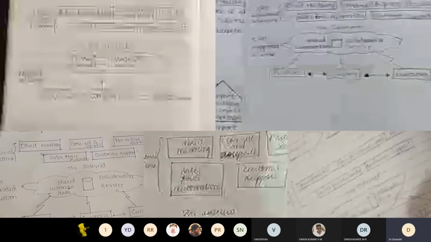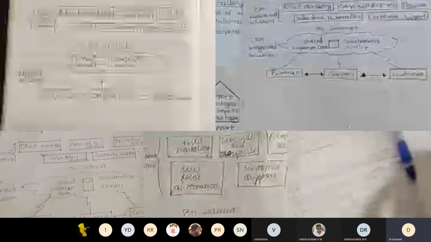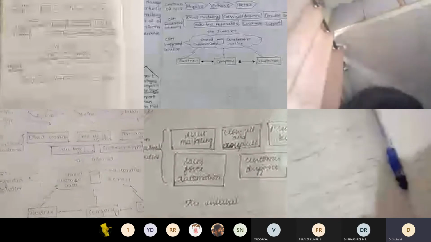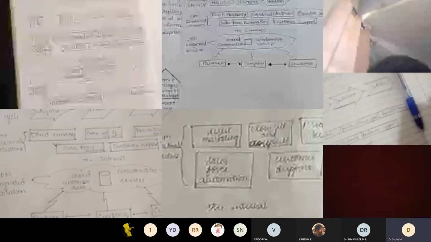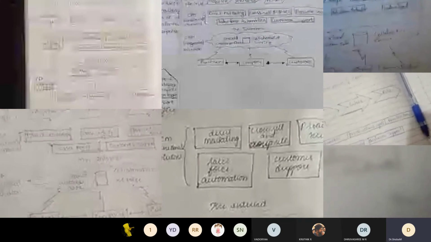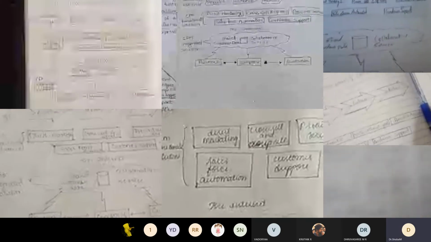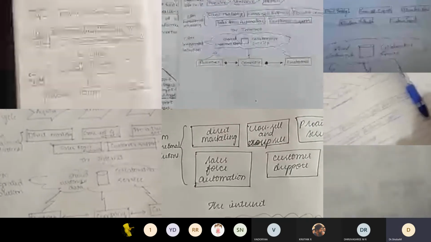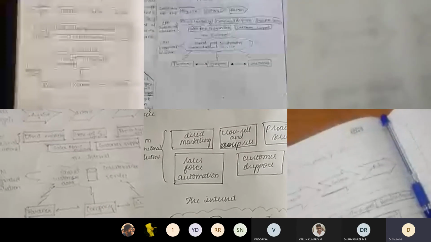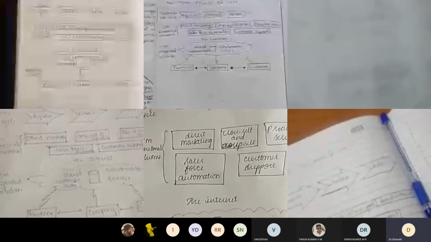How about others? Varun, show the diagram, not your face. Okay, good. Pradeep Kumar, I can see. Okay, fine. That means at least you're attentive in my class. Good. Okay, you can disable your camera now.